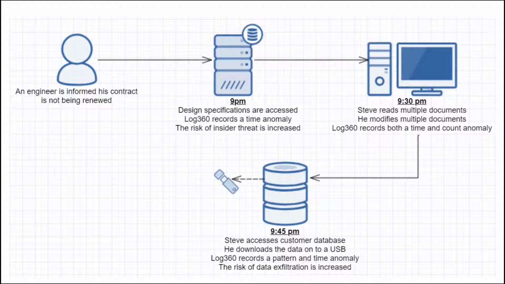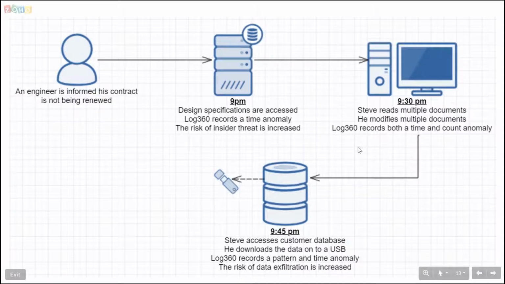Once he's informed about this, at 9 at night, he accesses some design specifications. Since this is happening at an odd hour in the night, the UEBA module records a time anomaly. Because of this, Steve's risk score gets increased a bit.